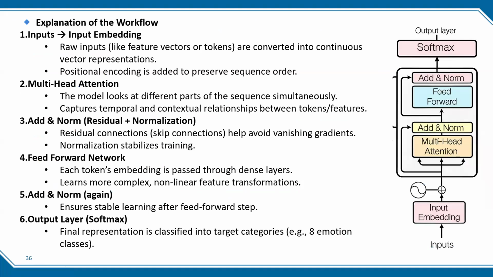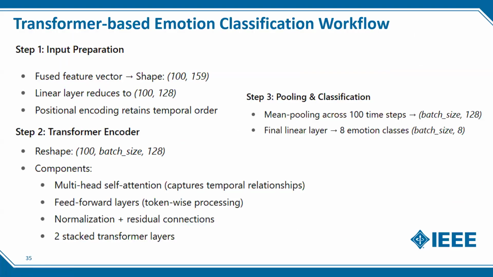So first of all, we have a raw input converted into a continuous vector representation. All the concatenated 4 features, after fusing, the dimension was 100, 159, where 100 represents the time steps and 159 is the features.